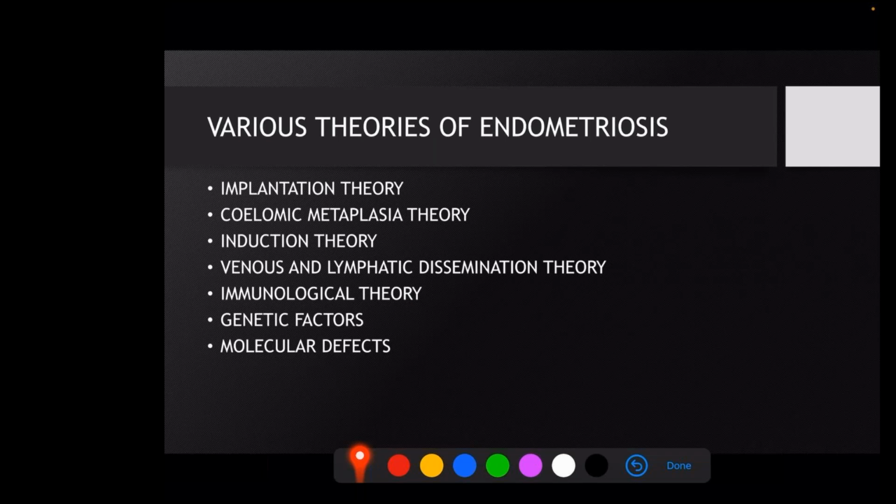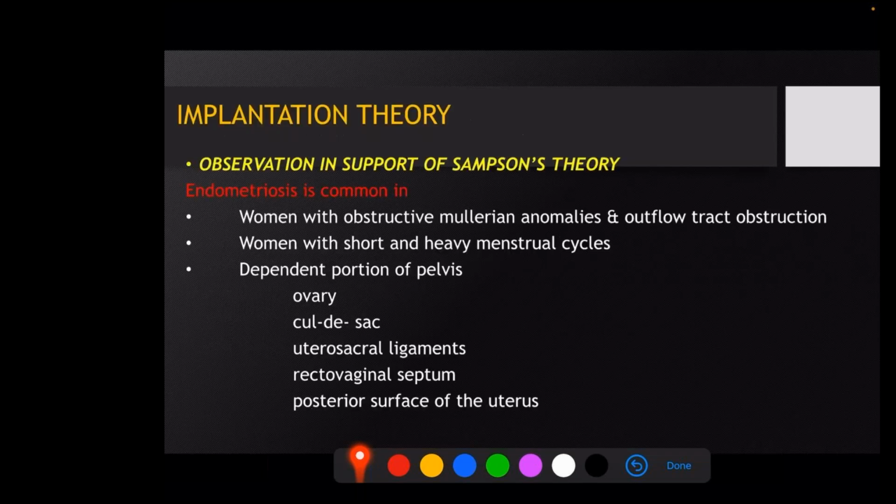The different theories include the implantation theory, John Sampson's implantation theory, then coelomic metaplasia or transformation theory, then histogenesis by induction theory, then venous and lymphatic dissemination or metastatic spread theory, immunological theory, genetic factors, then molecular or hormonal dependent theories. The theories one by one we may study.